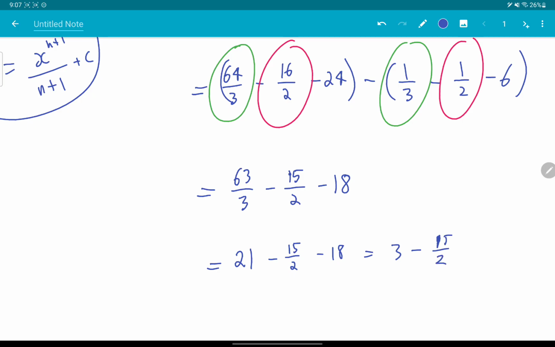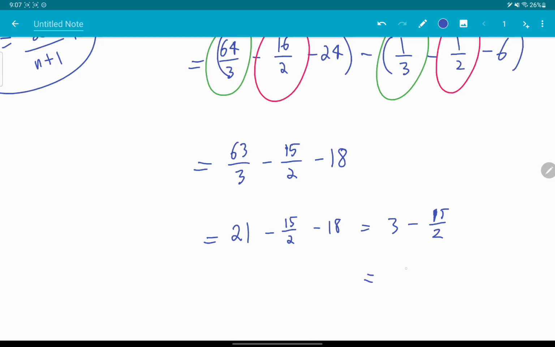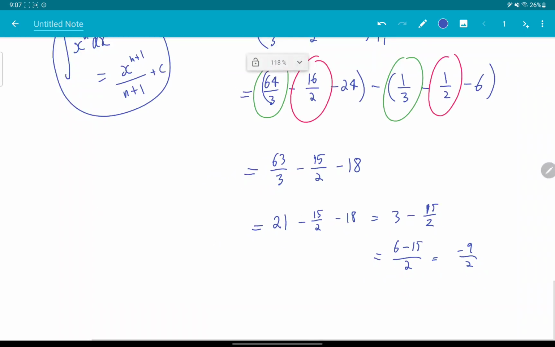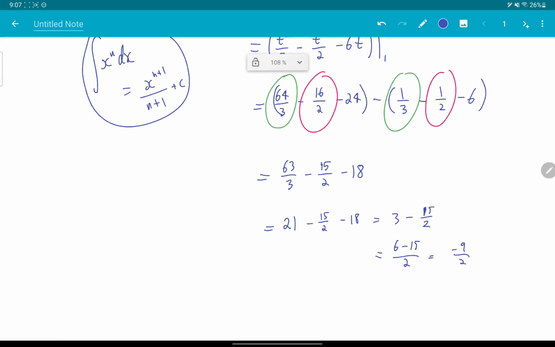So I get 6 minus 15 over 2, negative 9 over 2. Oh, my displacement is negative. I'm going backwards. That's okay for displacement. It's not going to be okay for distance, though.